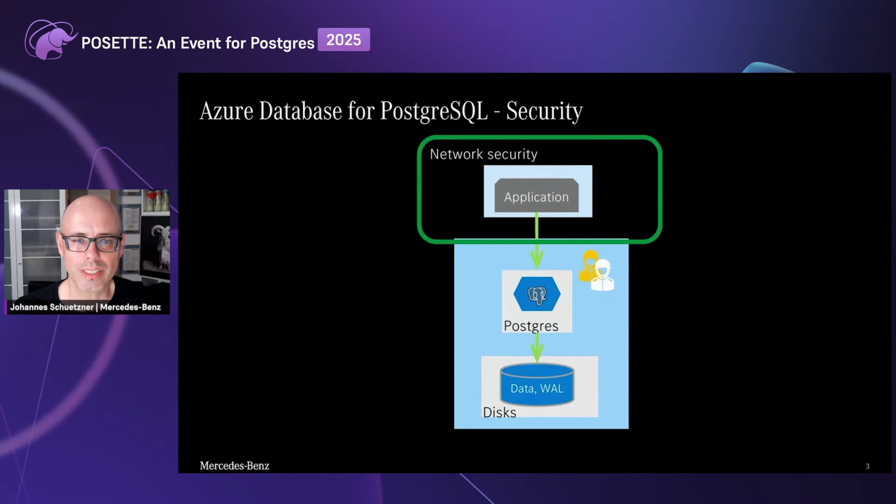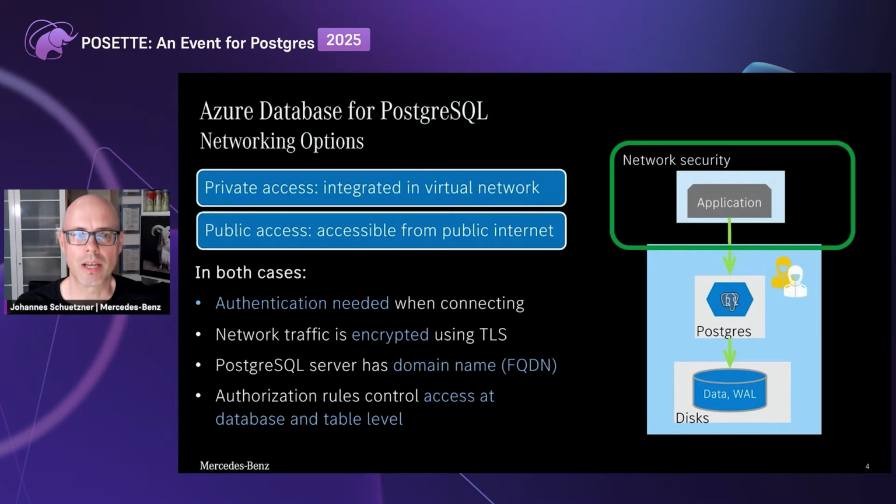Okay, network security is the first topic. Basically, there are two fundamental ways to set up your network for Azure Postgres: private access and public access. With private access, your Postgres server is integrated in a virtual network. With public access, it is accessible from everybody on the public internet.